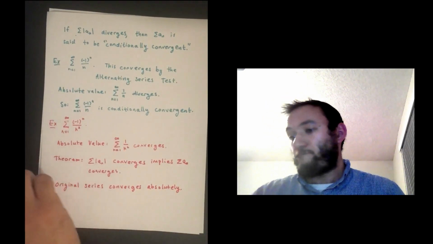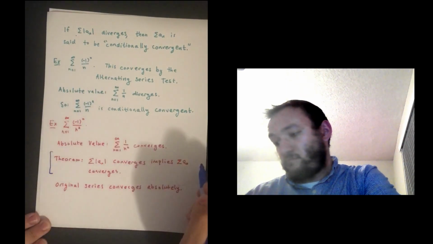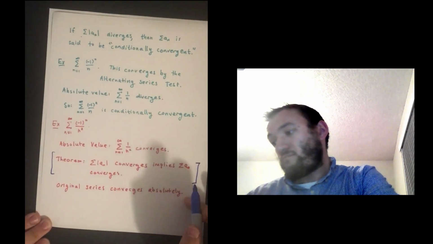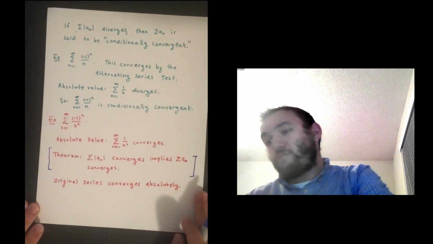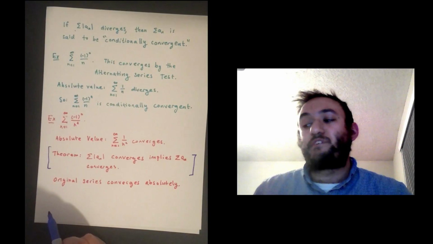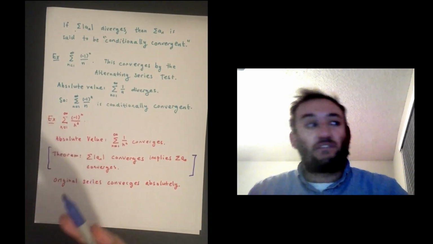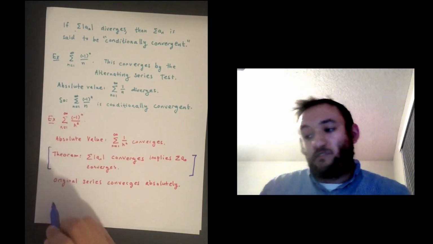Okay. Just to be clear about this point, what this is saying is absolute convergence implies convergence, but not the other way around. Convergence does not imply absolute convergence.